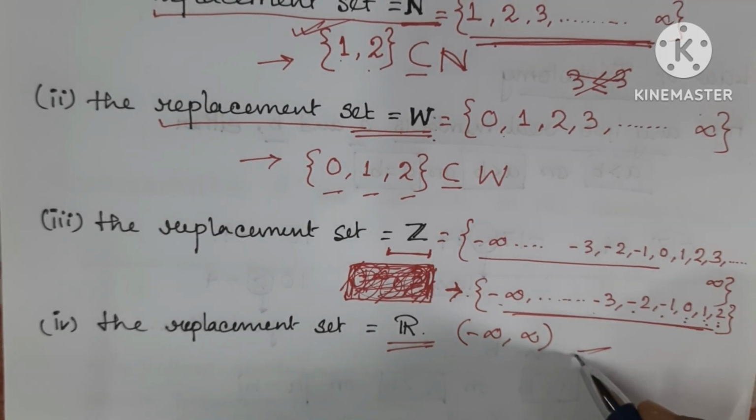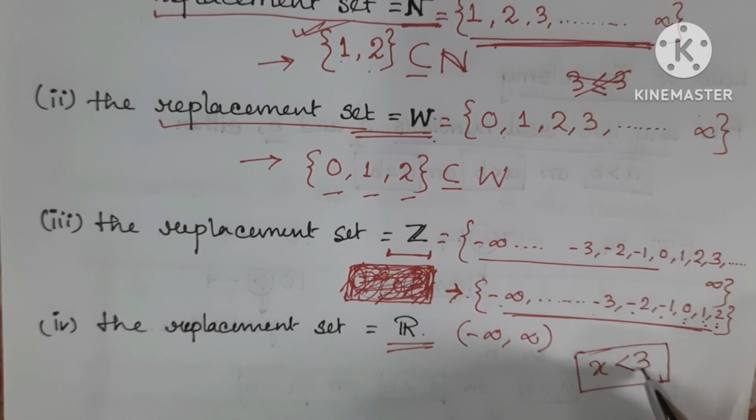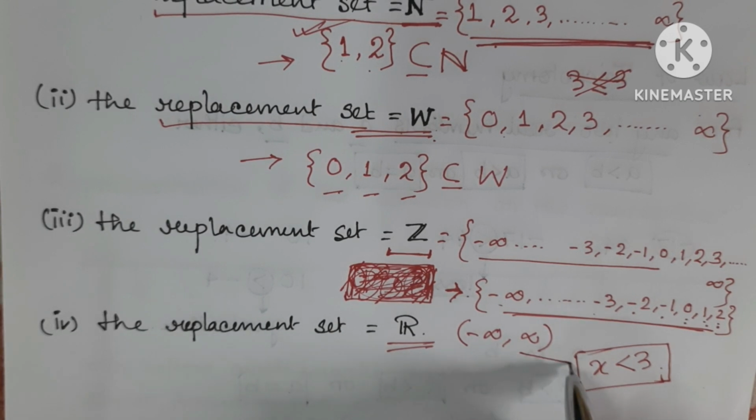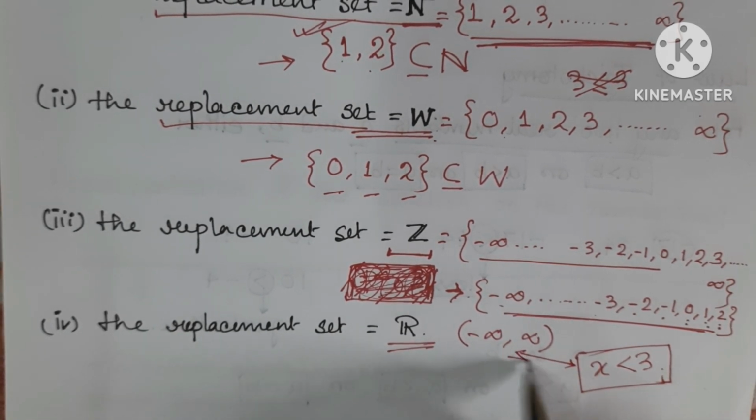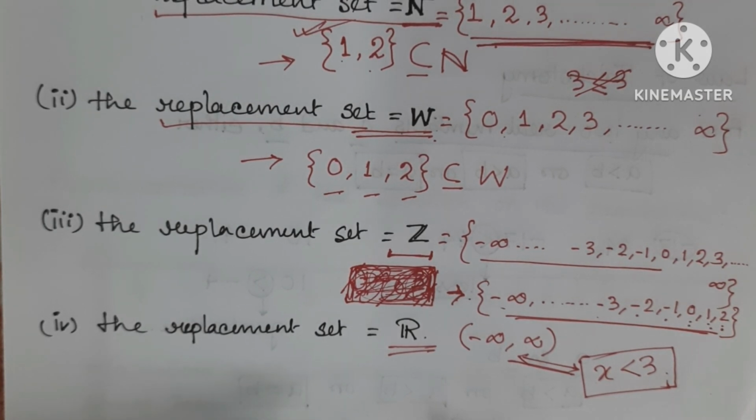In case of the same inequation, x less than 3, you have to consider all the negative numbers, including negative irrational numbers, negative rational numbers, negative integers, all the numbers, and from 0 up to 3, not 3.